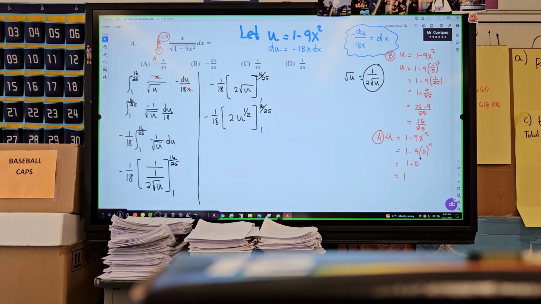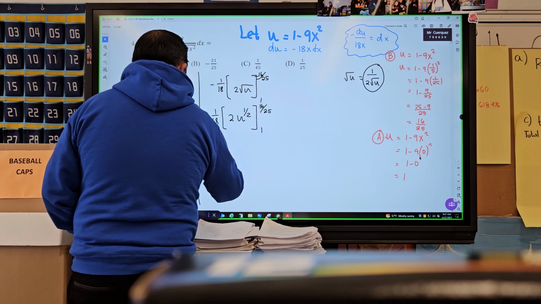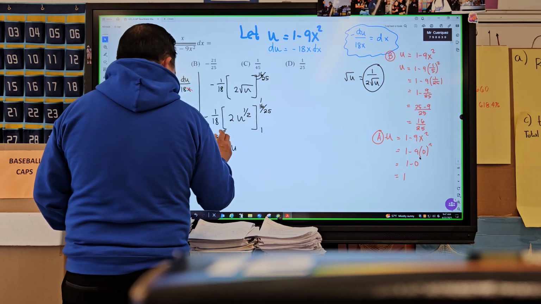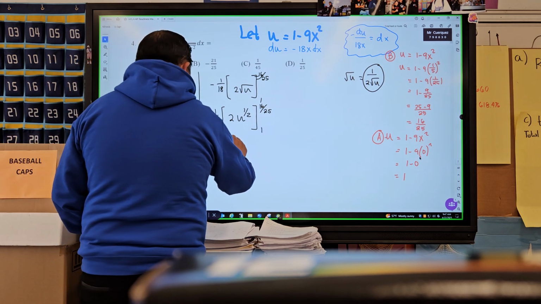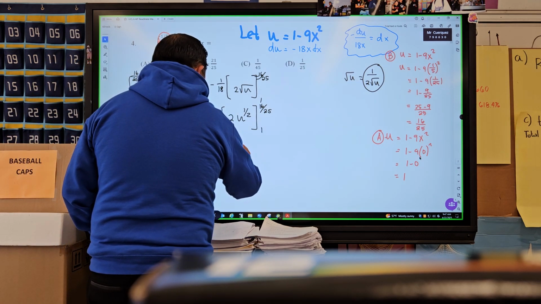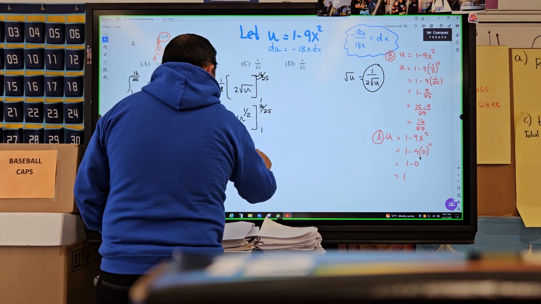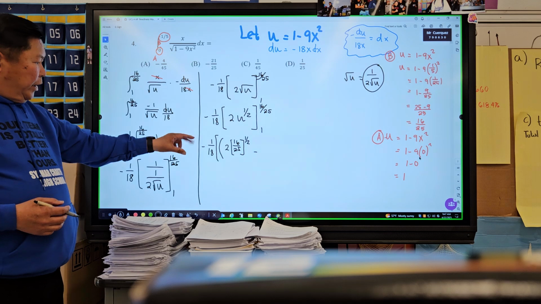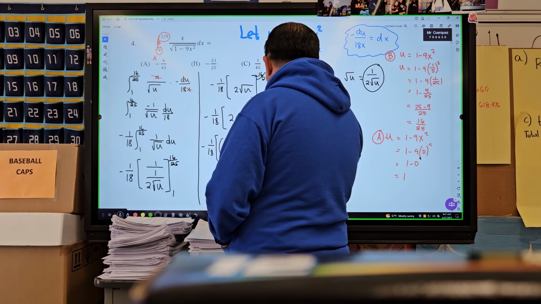So we have negative 1 over 18, and you have 2 times u, but u is 16 over 25, to the power of 1/2 minus, and then I plug in right away, 2 times 1 to the power of 1/2. Can you follow, guys?